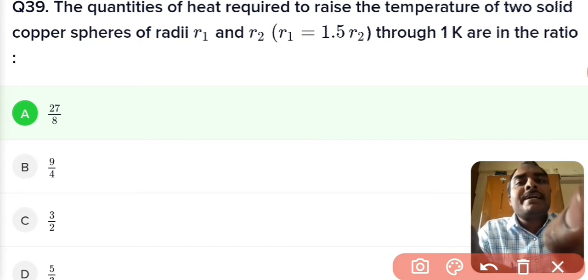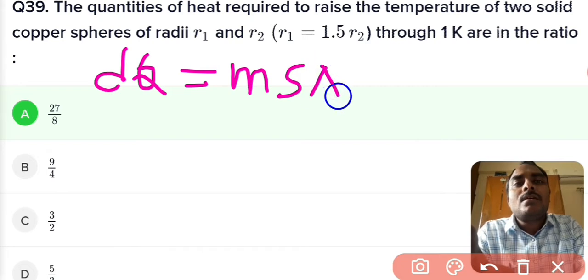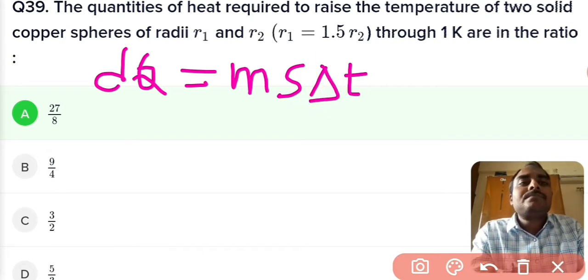Heat required to raise the temperature for any body, formula: dQ equal to m s delta T. Delta T is the increase in temperature, that is 1 Kelvin for both, so delta T is the same. S is the specific heat capacity, it depends on the material. Here both are copper spheres, so S is also the same for both.